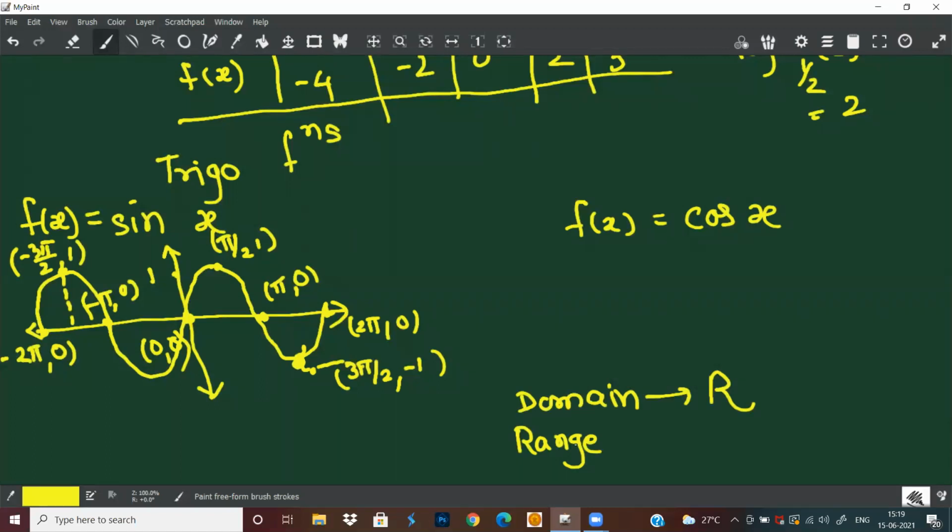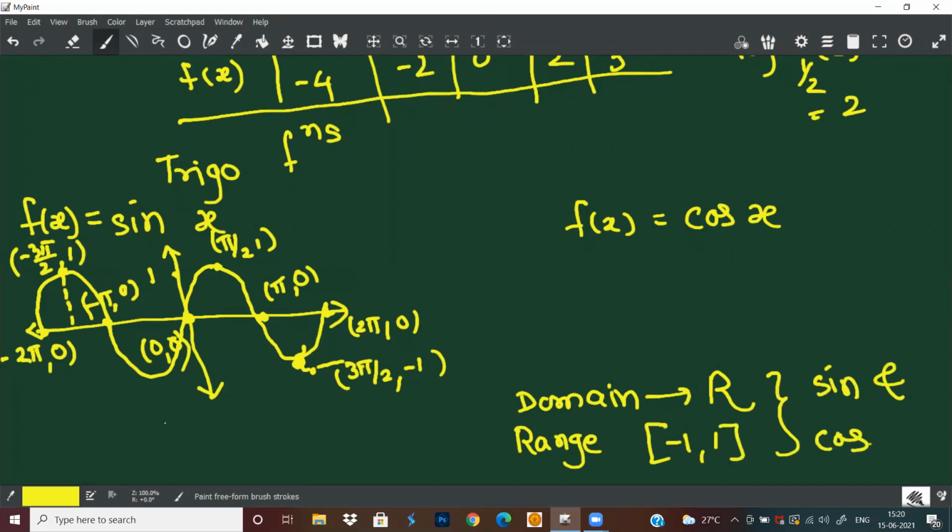Perfect. Getting? Including those, huh? So I can write like this. And same is the domain and range for sine and cos.